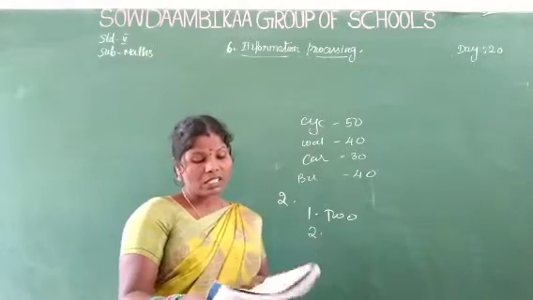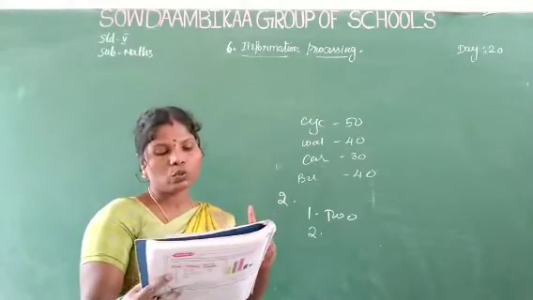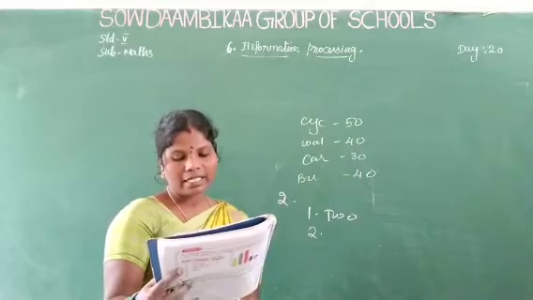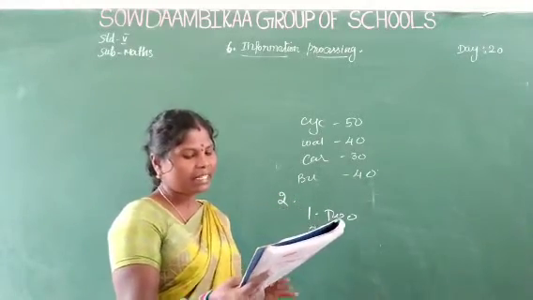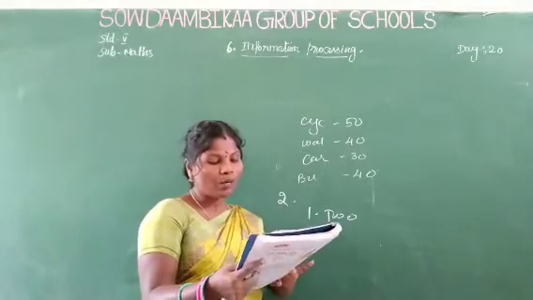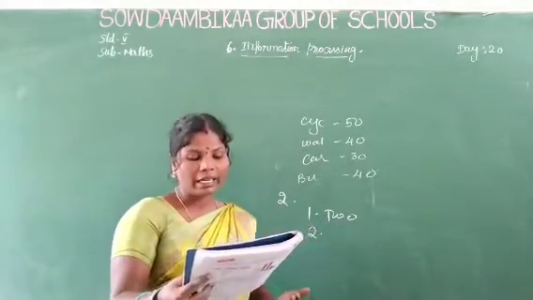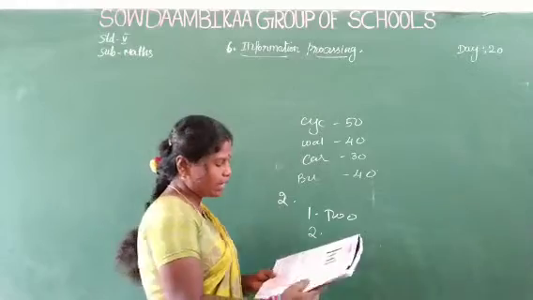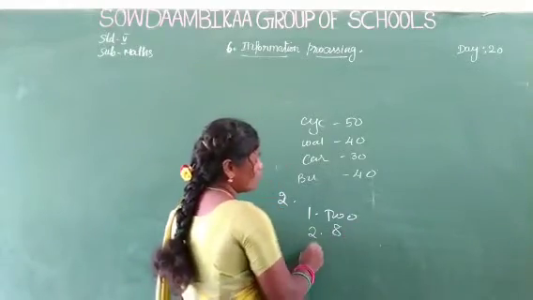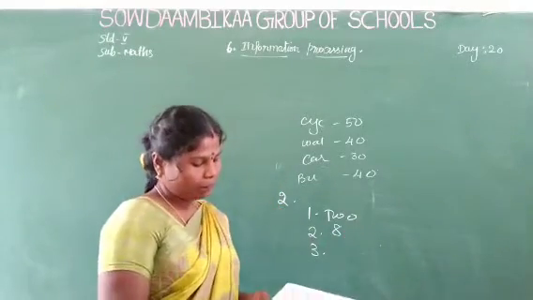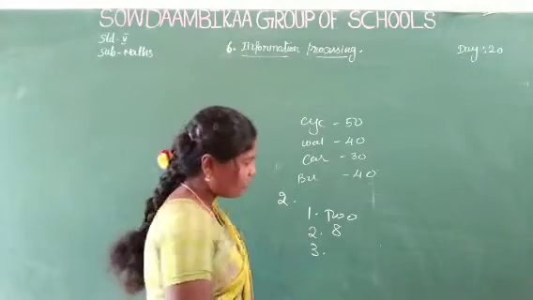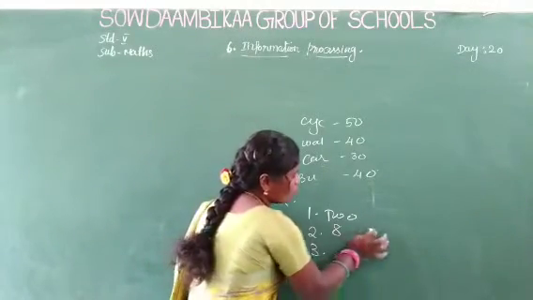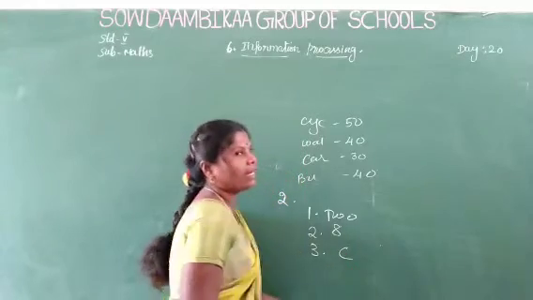How many students got the same grades in both subjects? Maths and science grades are given. The grade in both is A only. The answer is 2. Only 2 students got the same grade in science and maths. The next question: how many students got a higher grade in science than in maths? 8 students. Next, third one: which was the most common grade in science? The grade with the most students is C.